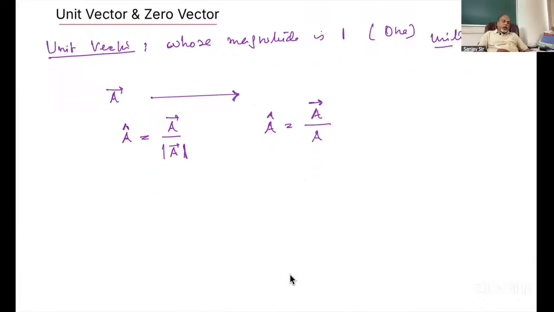This unit vector has no dimension and, correct, basically they have direction only.